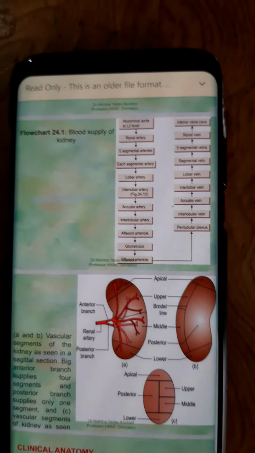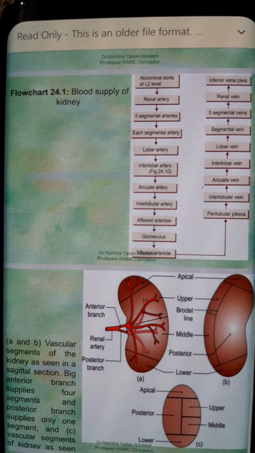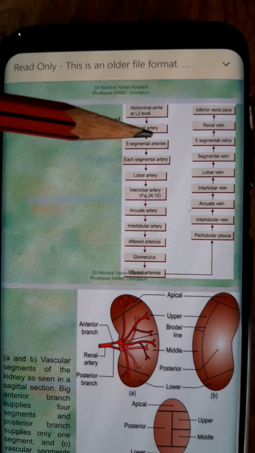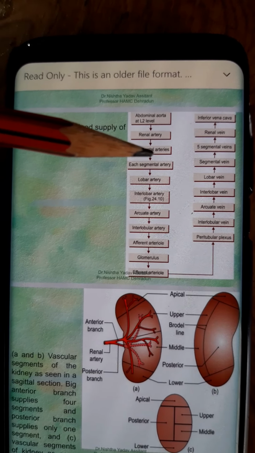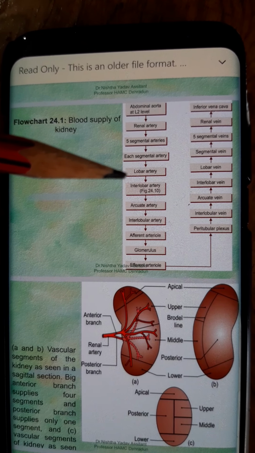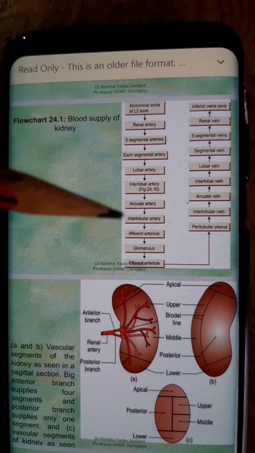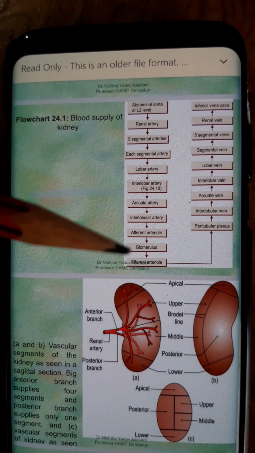So if you see the blood supply of the kidney, the abdominal aorta gives the renal artery, which gives 5 segmental arteries. Each segmental artery divides into lobar, into interlobar, into arcuate, into interlobular, and then into the glomerulus.